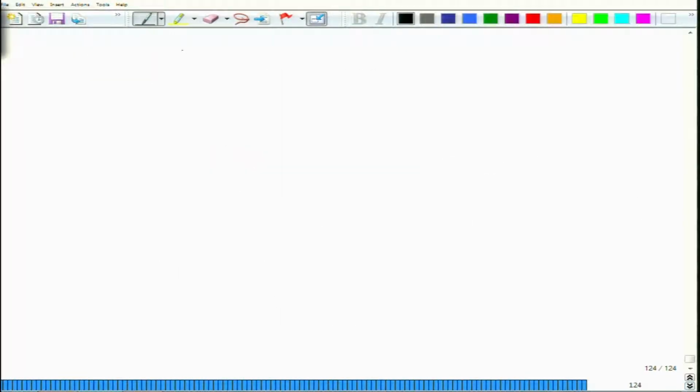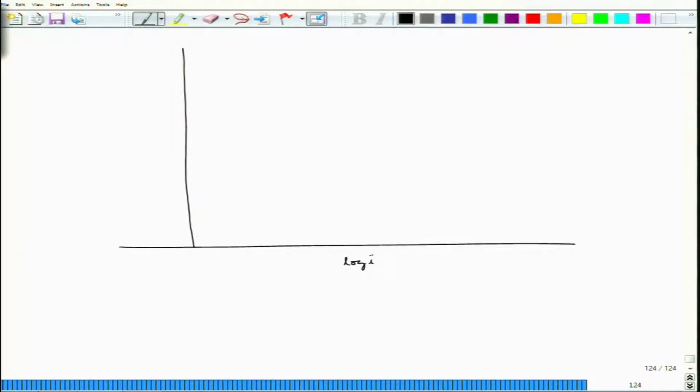If I try to plot them on log I versus potential axis, let us say this is my zinc potential, which is minus 0.76 volt, equivalent to E0, and this is my E0 of 0 volt for hydrogen.